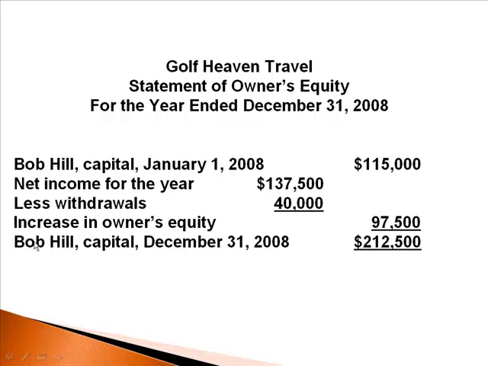Then we go to step 5, which is our ending capital amount, stated here as the name of the owner, the capital, and the date, December 31st, 2008. We took the beginning balance of $115,000. It was an increase, so we're going to add $97,500. Our ending capital amount is $212,500.